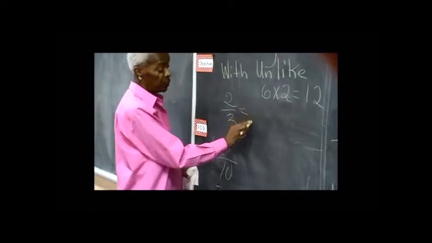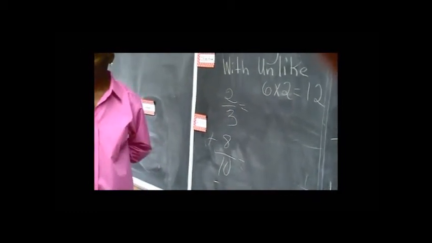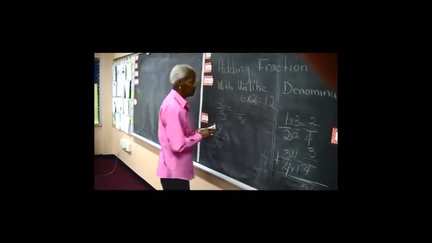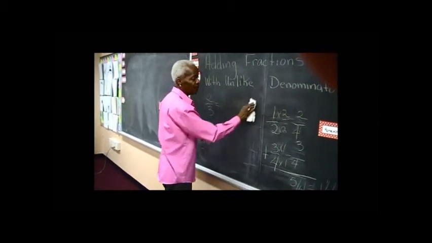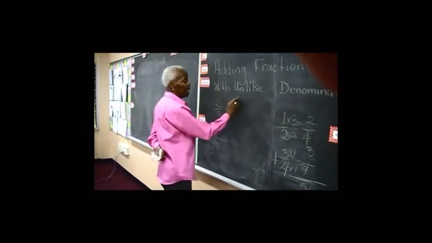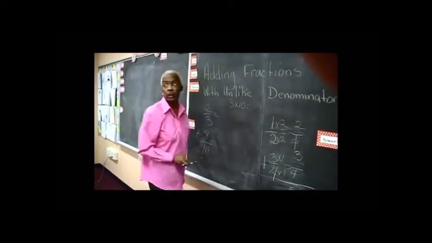Did everybody do the first one? And what's the least common denominator? 30. We all agree it's 30? Yes. Okay, 3 times 10 equals what? 30.